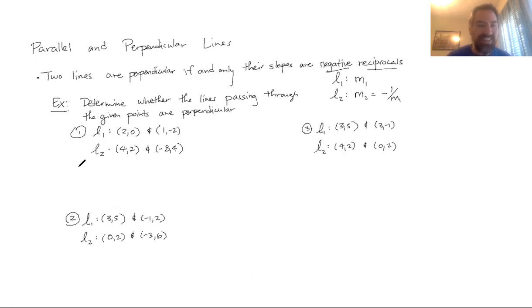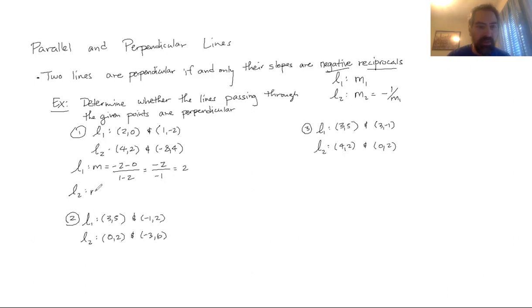So we'll again start out by finding the slope of L1 by subtracting the y values, -2 minus 0, and dividing by the difference in the x values, 1 minus 2. -2 minus 0 is -2, and 1 minus 2 is -1, so -2 divided by -1 is +2.